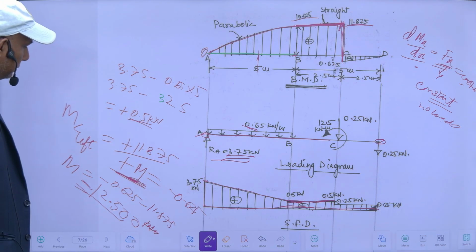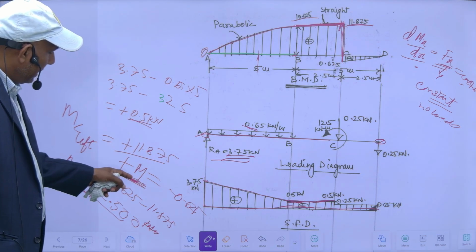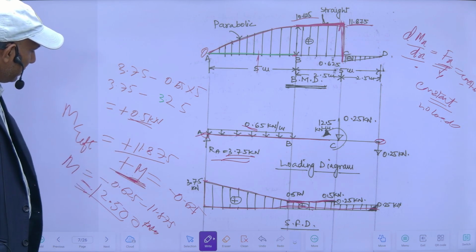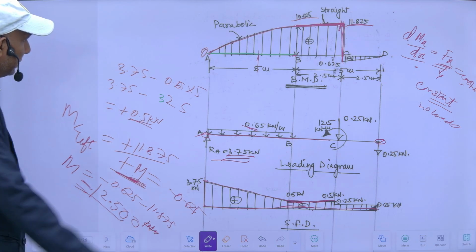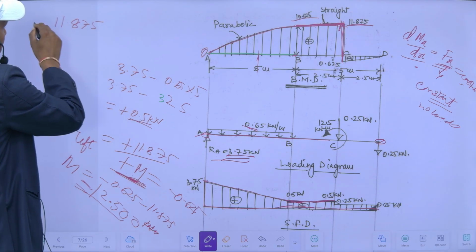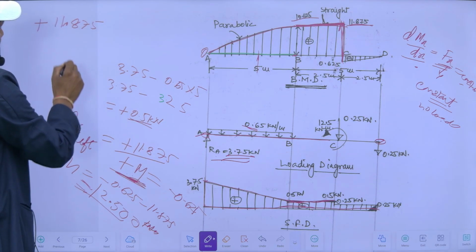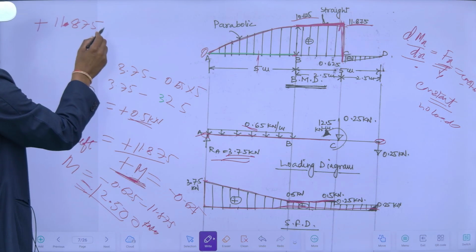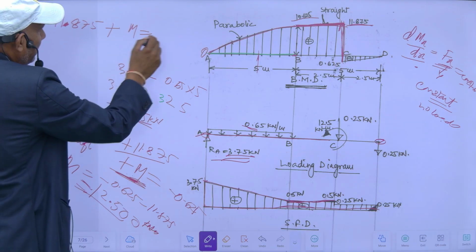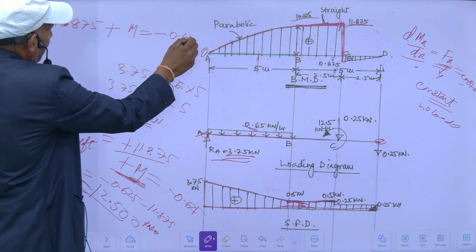So if I see this, M will be, there is 11.875, this is positive, and if I add anything here, it will be minus 0.625.